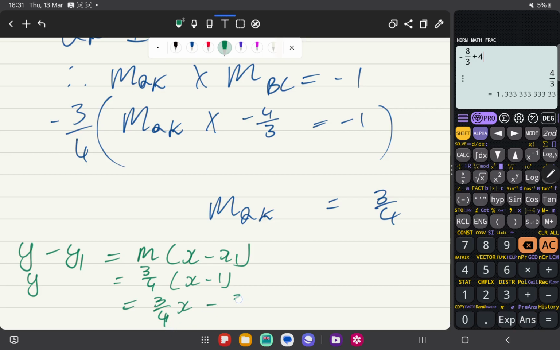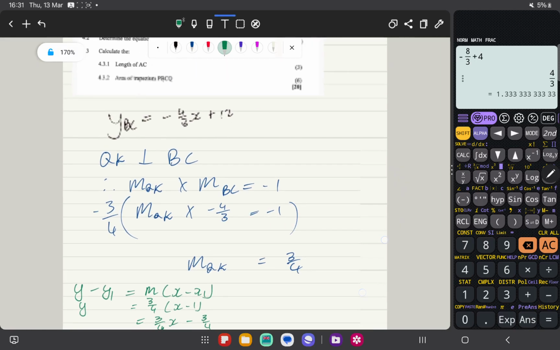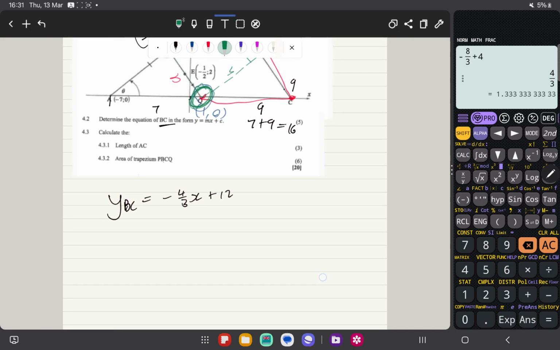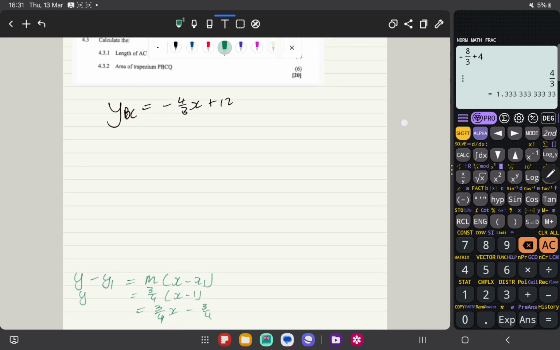Then I'm done. I have the equation, and I'm going to use it to help me find the coordinates of K. So how do I do that? I have the equation of BC, and I have the equation of QK, which equals 3/4 x minus 3/4.